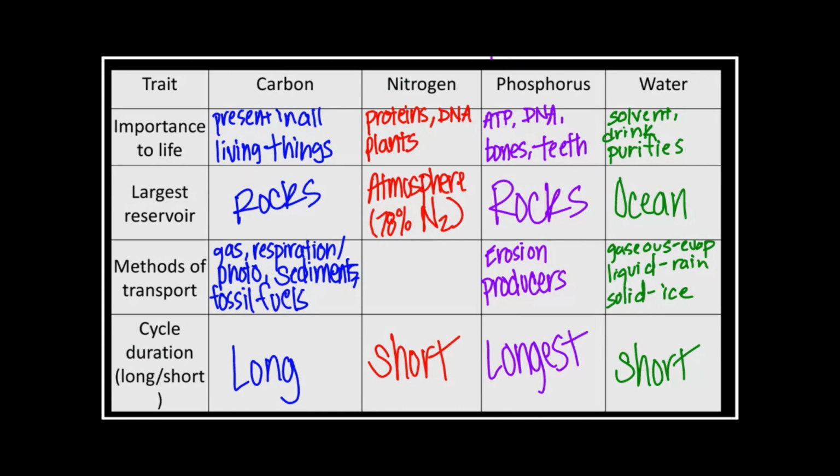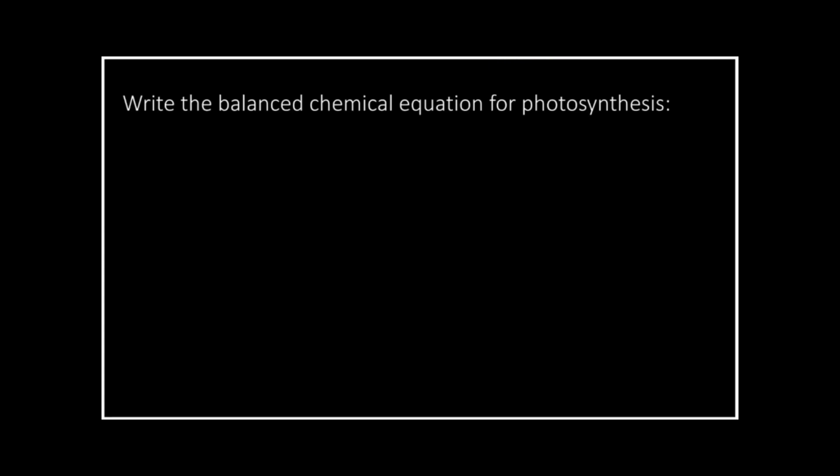I know that was kind of a long slide, but we were able to get through these 4 different cycles and explain the differences between them a little bit. Now we need to do the equation for photosynthesis. What I like to tell students is to remember either the photosynthesis equation or the cellular respiration equation, because they're the same thing, just opposite.